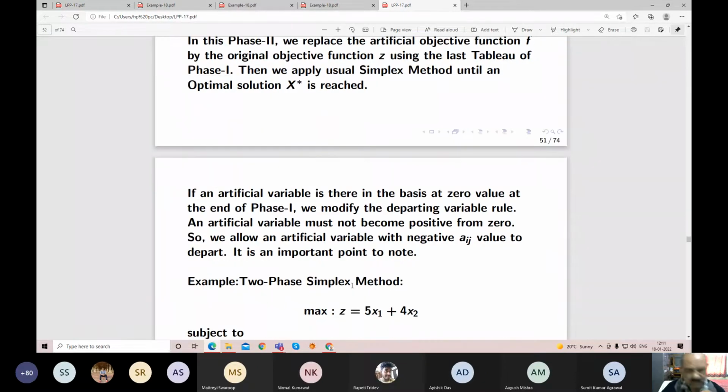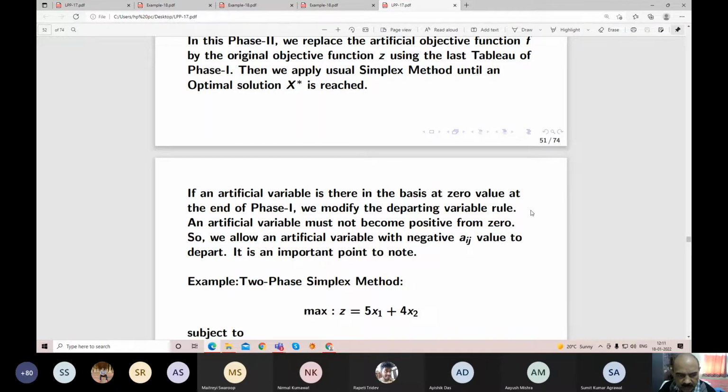See, there are some problems. If an artificial variable is there in the basis at 0 value at the end of phase 1, it has a 0 value, but it is remaining as a basic variable. We modify the departing variable rule.